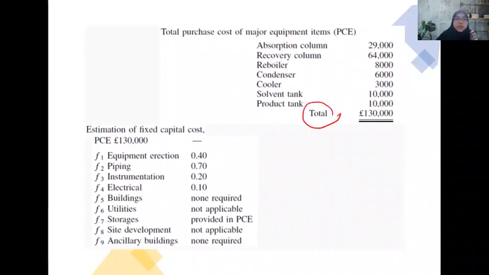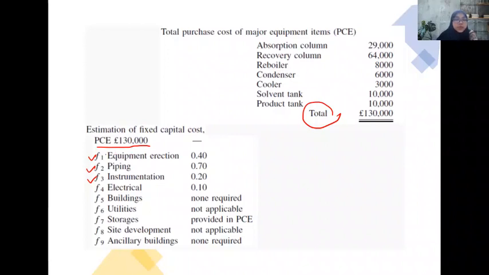So this is the total, and then after that, using this total equipment cost, consider the factors of equipment erection, piping, instrumentation, and so on, depending on the processing plant, whether it is fluid, solid-fluid, or solid.